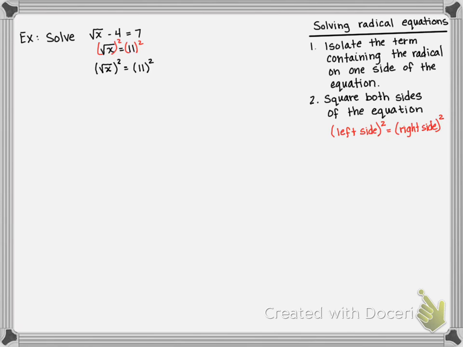If I write on top of that step, notice that there's nothing there that has the radical by itself on one side of the equation, because I wrote on top of it. And so if you write on top of it, you lose this step right here, which is really important in checking the solution, so checking for those extraneous solutions. So this is going to give me x equals 121.